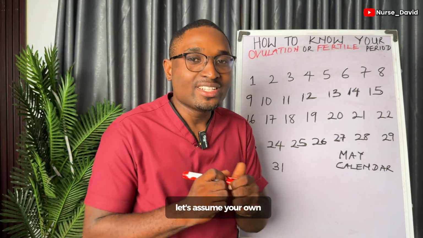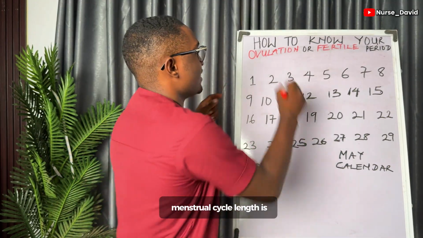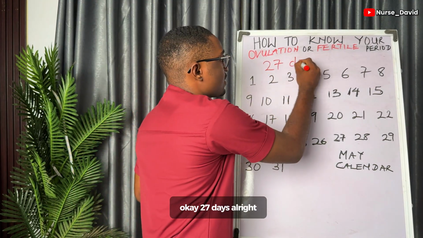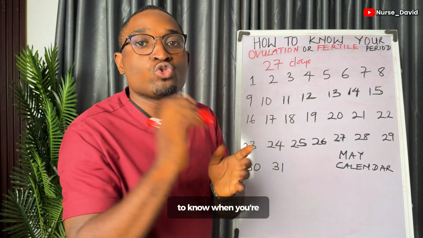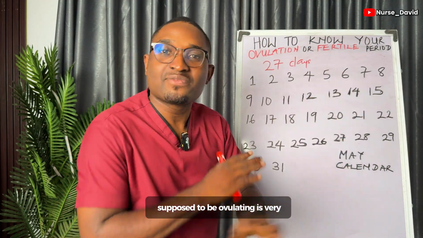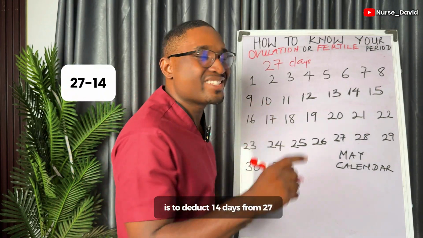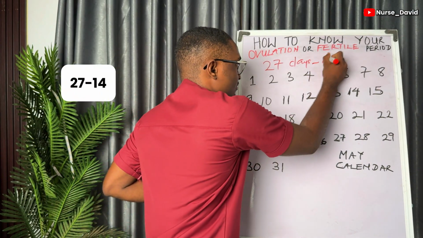Now, let's assume your own menstrual cycle length is 27 days, okay? 27 days, all right? To know when you're supposed to be ovulating is very, very simple. All you have to do is deduct 14 days from 27.